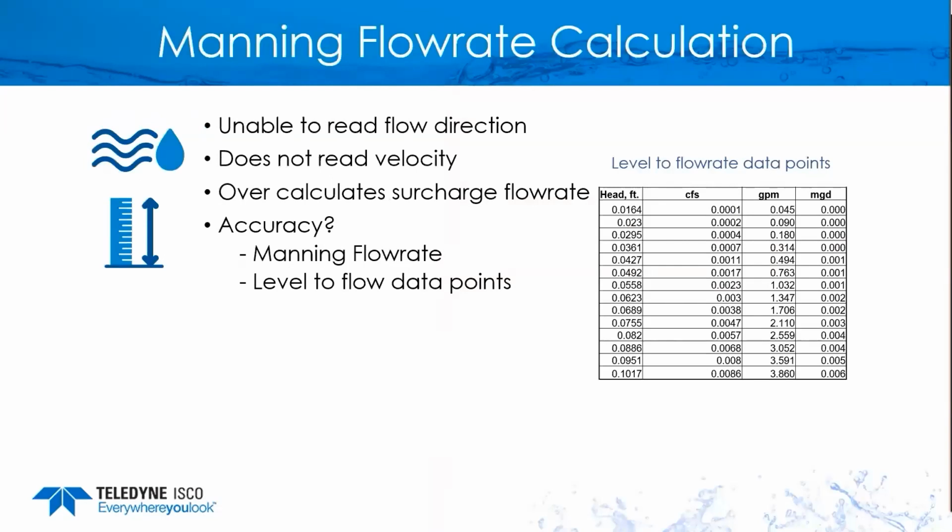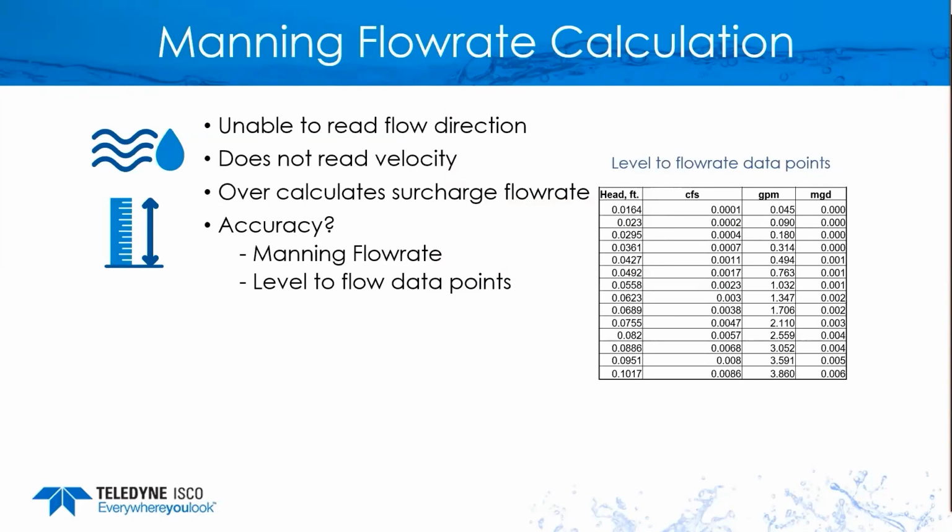Now, other flow calculations: if you do not have a primary device such as a flume, you can use the level sensors to do a Manning's flow calculation. Manning is dependent on the accuracy of the slope and roughness that you have entered in there, and it depends on free flow.